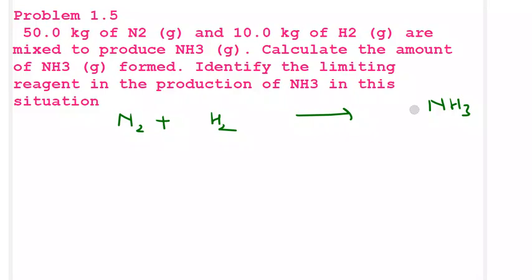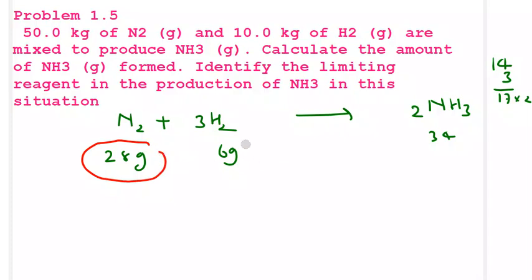On balancing this equation, nitrogen 14 times 2 is 28 gram, hydrogen 6 gram, ammonia 14 plus 3 is 17, multiplied by 2 is 34 gram. In the stoichiometric balanced equation, what we observe is, if we take 28 gram of nitrogen and 6 gram of hydrogen, then we will get 34 gram of ammonia.